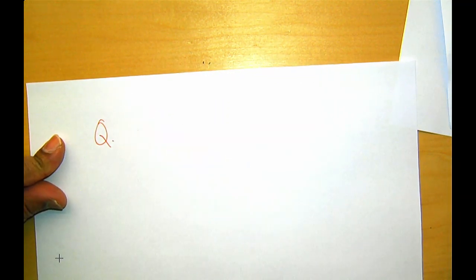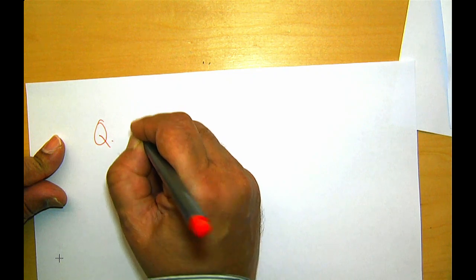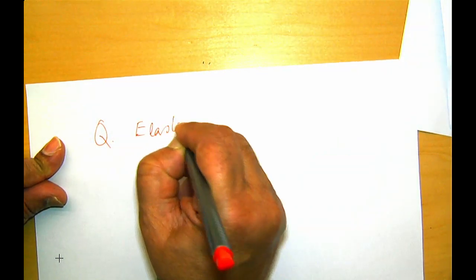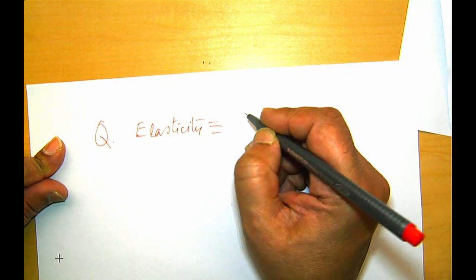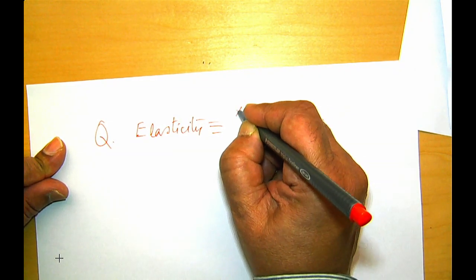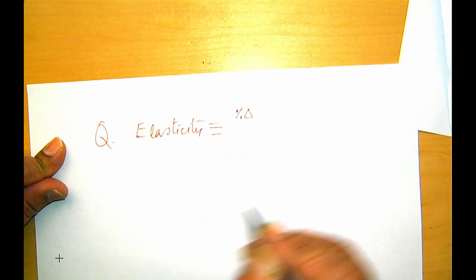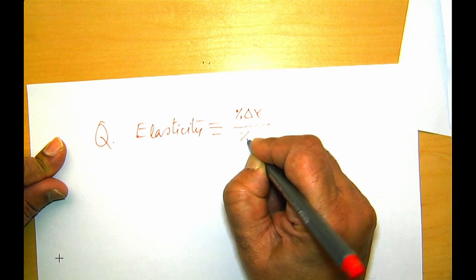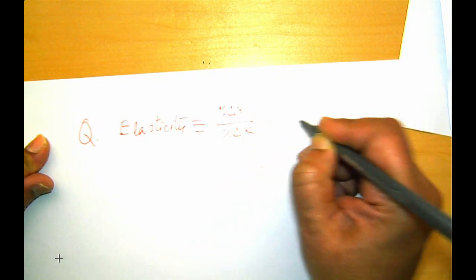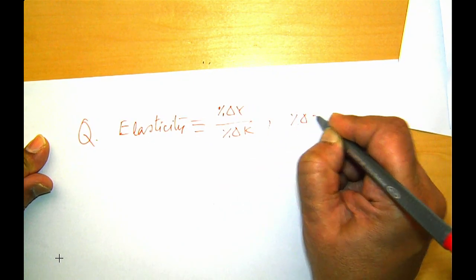So the question is, elasticity is defined by percentage change of y divided by percentage change in k. And I'll define what the percentage change symbol means.